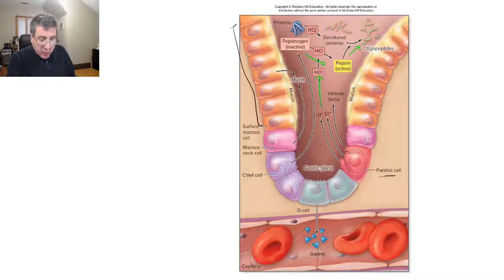The hydrochloric acid also denatures protein. So you can see here's a big wound up protein, and now this is an unwound protein, smaller strands. The pepsin then goes after the denatured proteins and breaks them down even further.